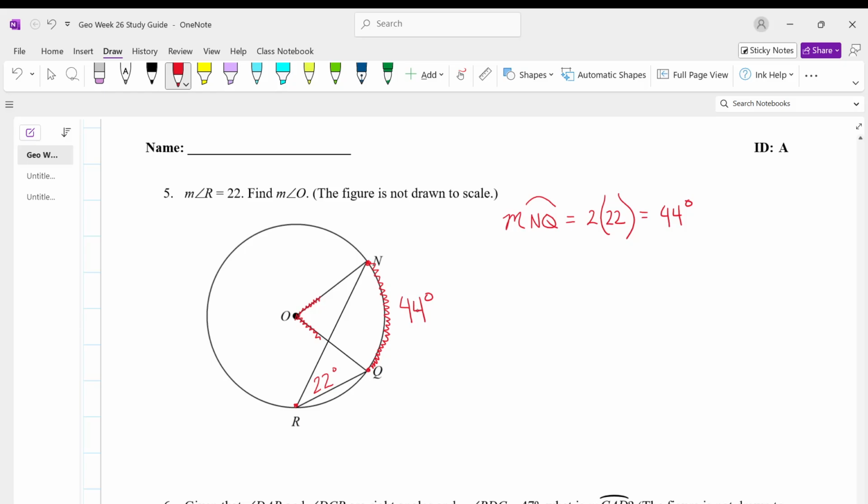Its central angle is equal to its intercepted arc. So the measure of angle O is equal to 44 degrees. Inscribed angles are equal to half their arc. Central angles are equal to their arc.